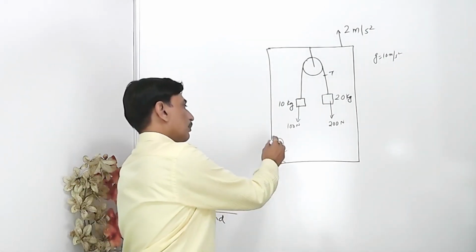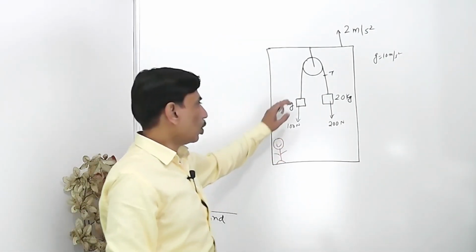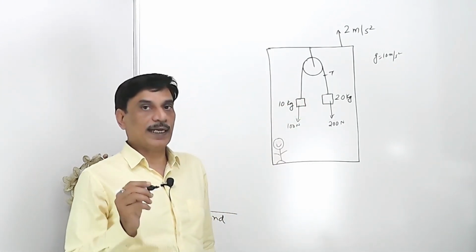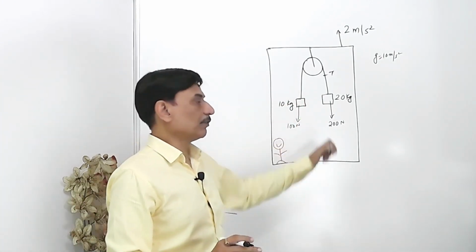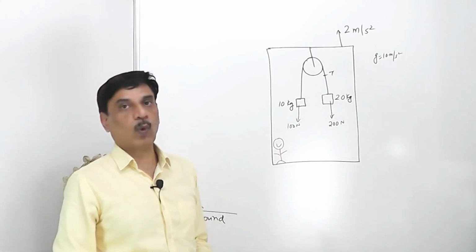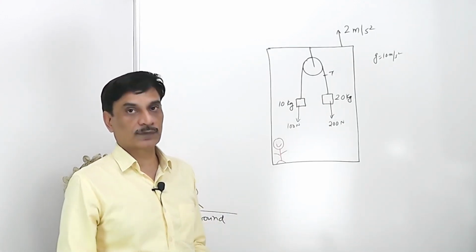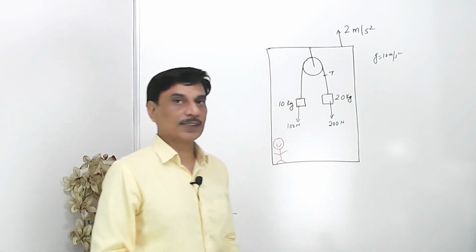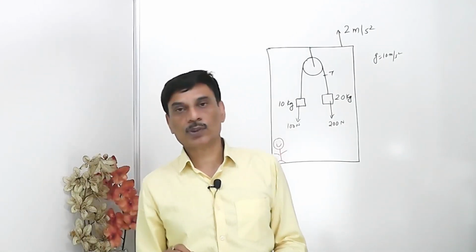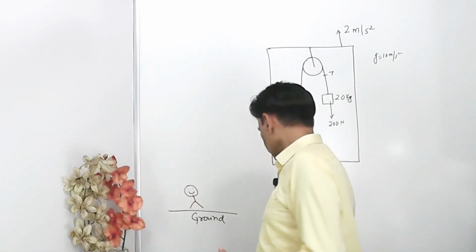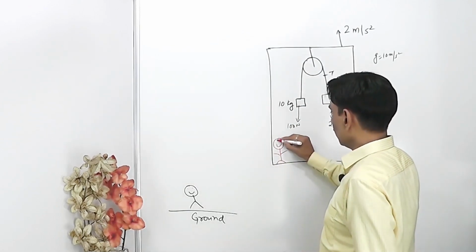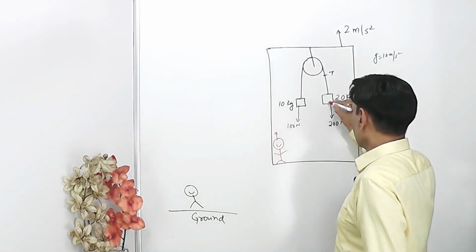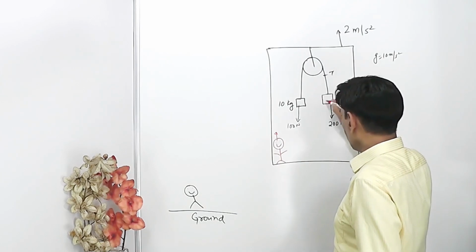Now because the observer is accelerating and he is observing these two blocks, in addition to all the real forces, he will apply one more pseudo force, fictitious or imaginary force, whose direction is opposite to the direction of acceleration of this observer. This observer is accelerating in this direction, so he will apply pseudo force on both the blocks.